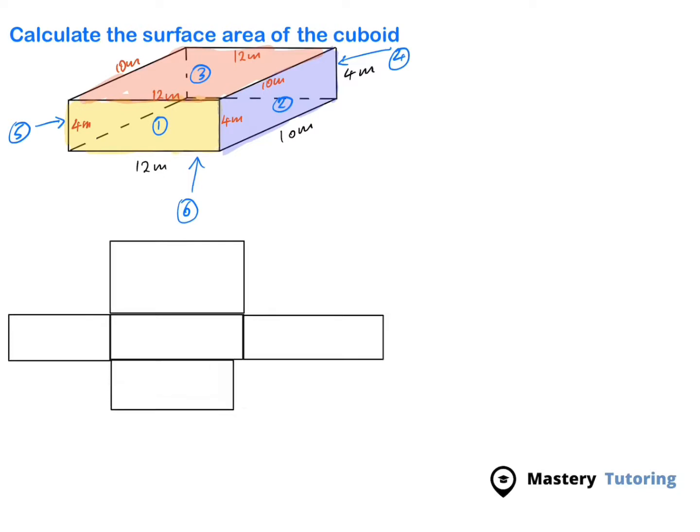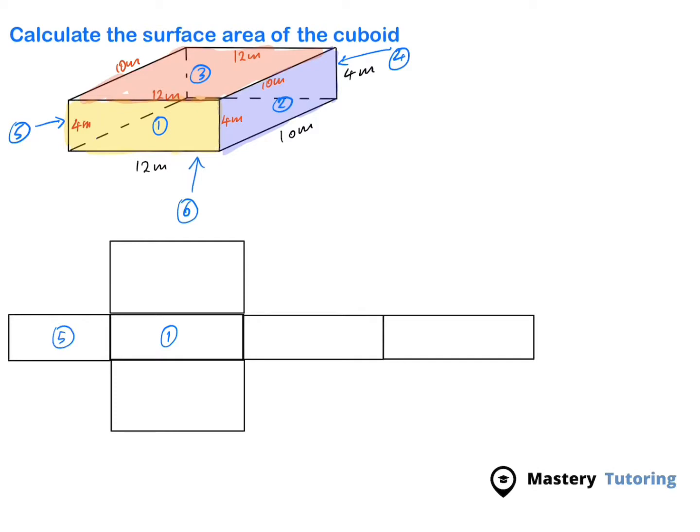We have that, and this shape. So we have 6 shapes here. According to the numbering, this one is 1. So we have 1 here. And then this is 5 because it's this side. So this is going to be 5.